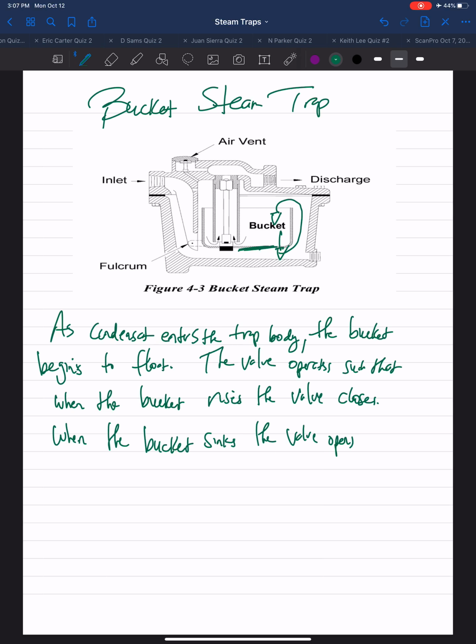Then the steam pressure forces the condensate inside the bucket to drain. This is the discharge valve path up out this way. As the bucket empties, the bucket floats back up and the valve closes, which prevents the steam from escaping. So as the bucket rises, the valve closes. When the bucket sinks, the valve opens. The condensate entering the bucket causes the bucket to get heavier, which causes the bucket to sink and the valve to open.